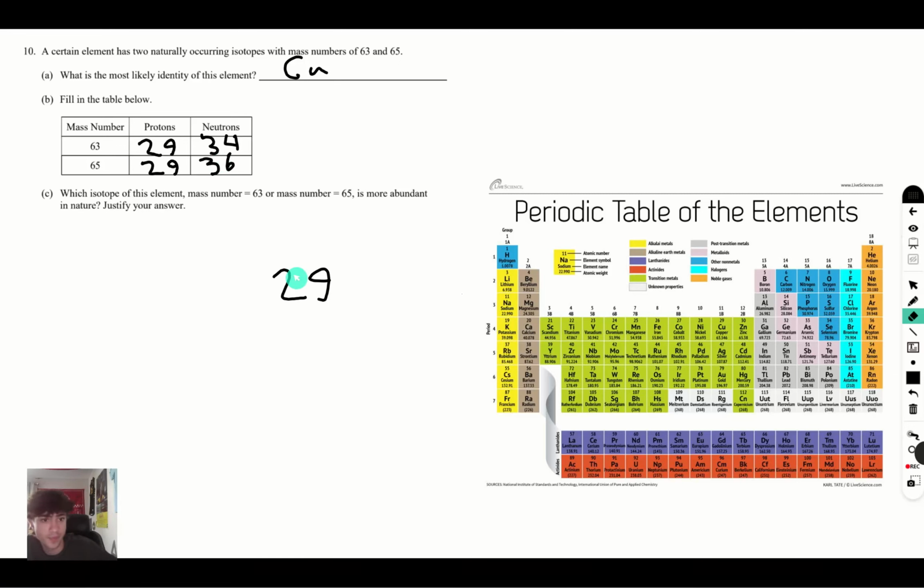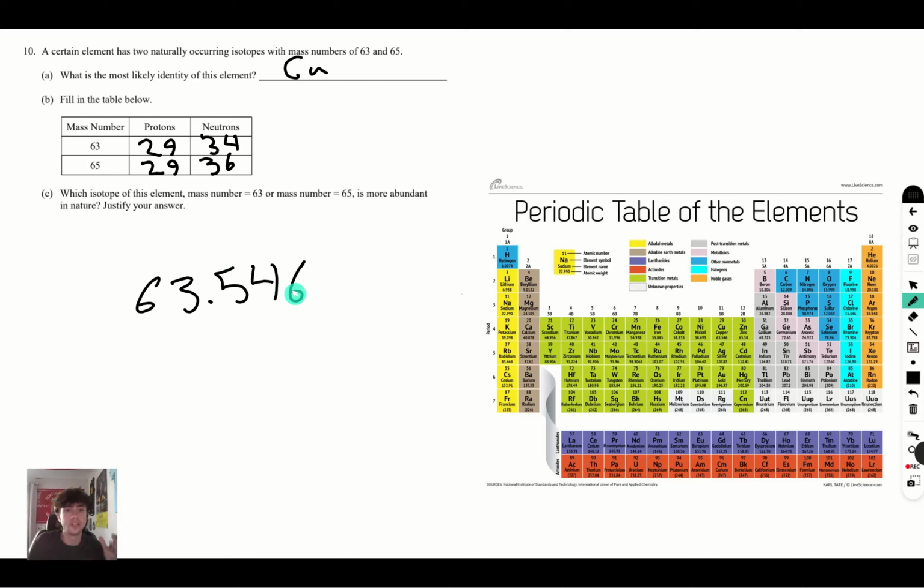All right. Now it says, which isotope of this element, mass number 63 or mass number 65, is more abundant in nature? Justify your answer. So just taking a look at copper, 63.546.